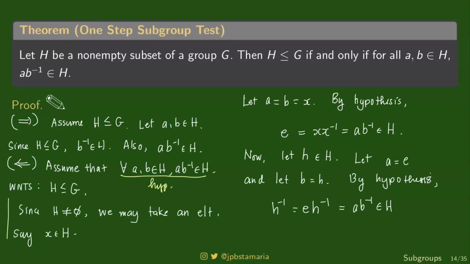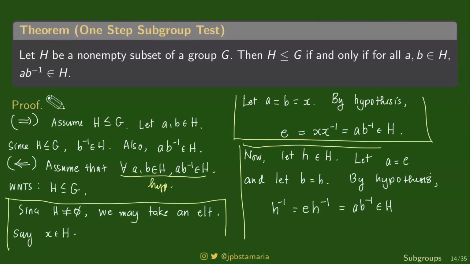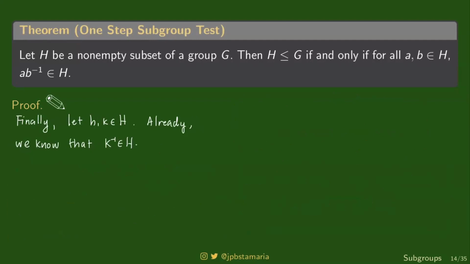Ito yung unang part, di ba? Ito yung pangalawang part. Using the second part, we already know that H is closed under inverses. So ngayon, kung sinabi ko na si H and K nasa H, alam na natin na si K inverse nasa H kasi we already know that H is already closed under inverses.